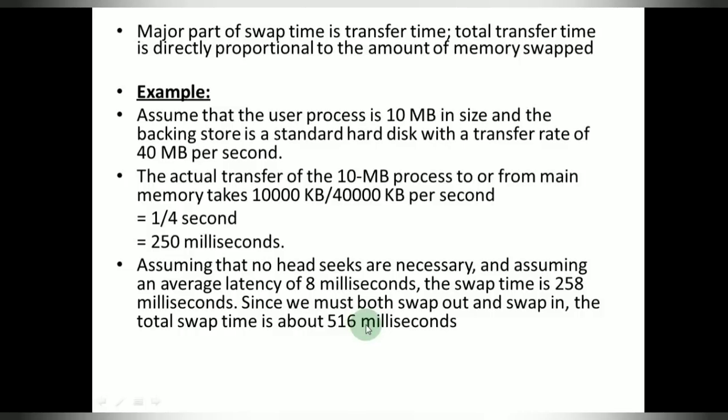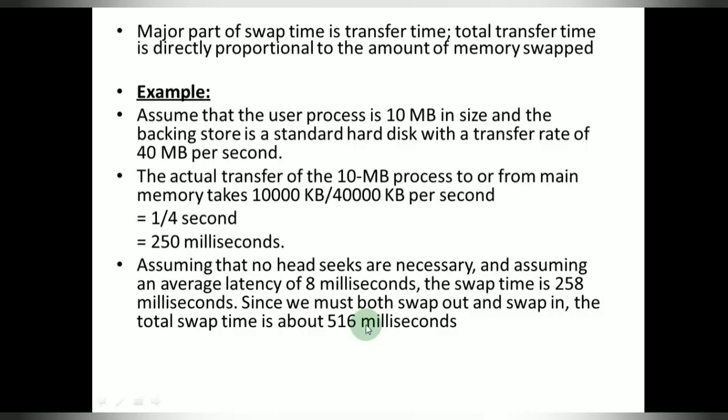So what are we trying to convey or prove with these examples? The swapping or the context switch time is very high. So it gives a provision to swap out and swap in a process. Now with all these disadvantages, do we require this feature? Sometimes certainly yes.